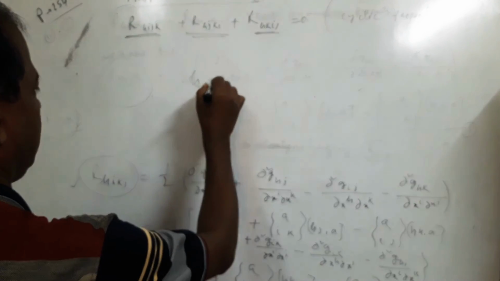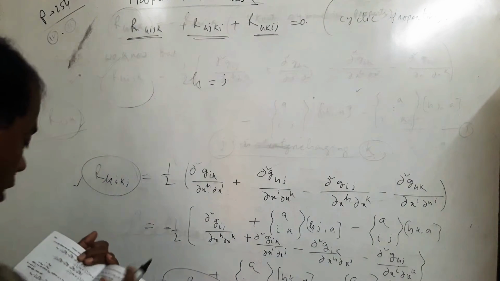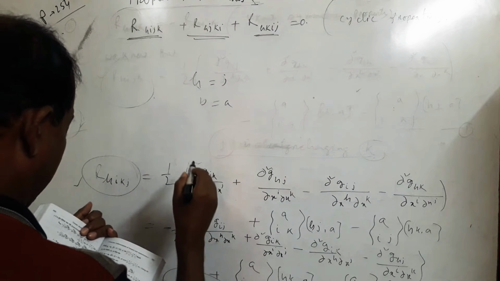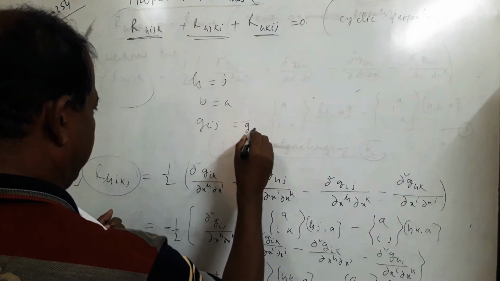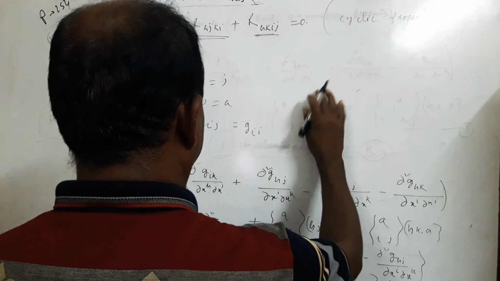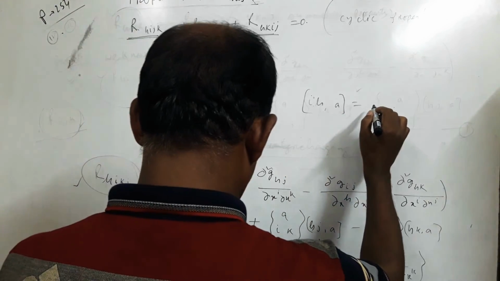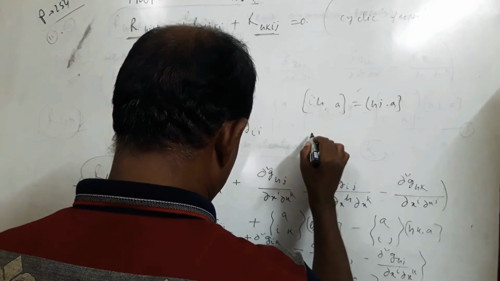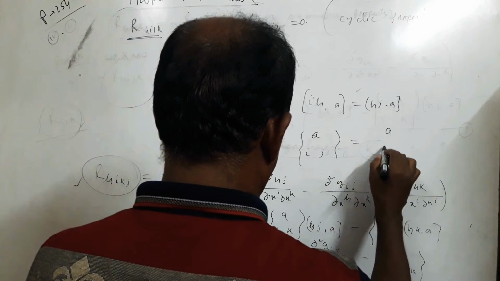Firstly, H equal to J, and secondly B equal to A, and thirdly G_IJ equal to G_JI, and A_IJ equal to A_JI.